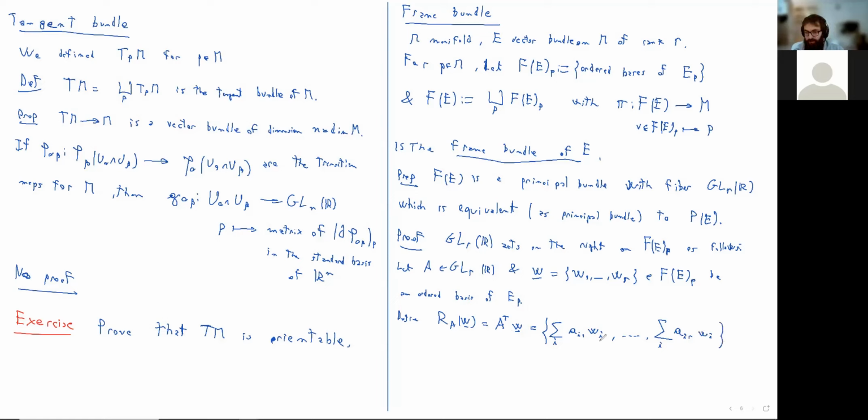Okay, so this is again a collection of R vectors. And you see each one of them, so this first one is a linear combination of these ones, and the last one is a linear combination of these ones and all the ones in between. And the fact that the matrix A was non-singular tells you this is still a basis. So in particular, it's an element of F(E)_P.